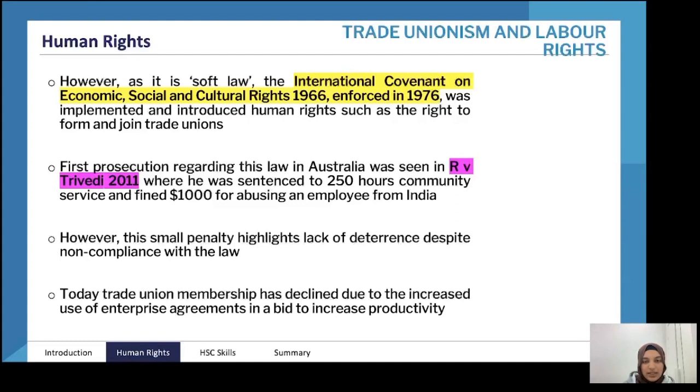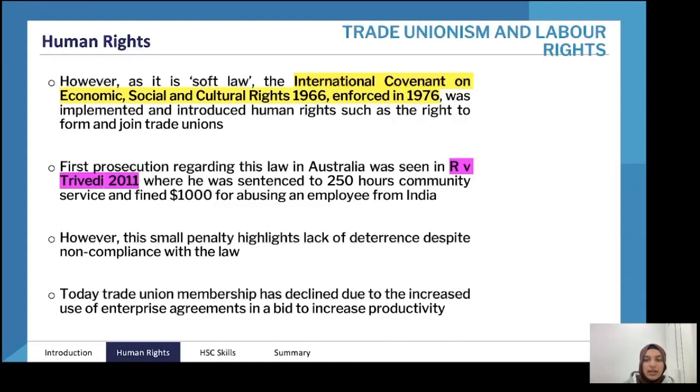However, as it is a soft law, the International Covenant on Economic, Social and Cultural Rights was basically implemented and introduced human rights such as the right to form and join trade unions. So the first prosecution regarding this law in Australia was seen in the R v Trivedi case, where he was sentenced to 250 hours of community service and fined $1,000 for abusing an employee from India.